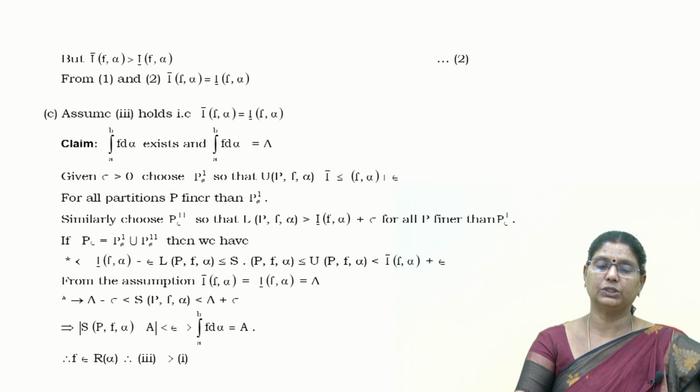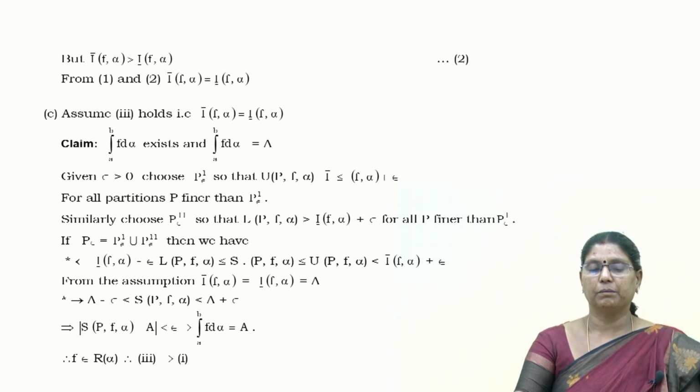Now we are going to assume condition 3 holds, and we are going to prove that A exists, that is, the integral a to b f d alpha exists. Now we claim that the integral a to b f d alpha exists, and hence A can be expressed as the integral a to b f d alpha.